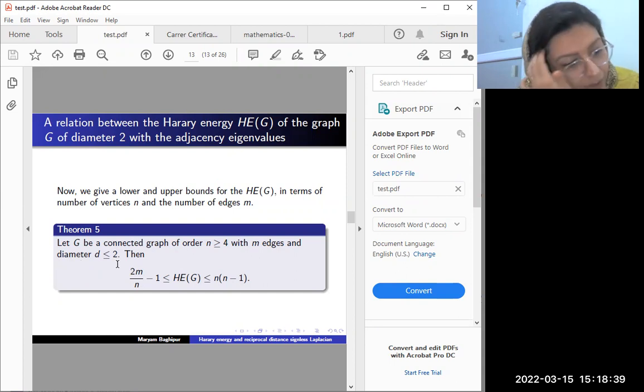In fact, we try to obtain results for Harary energy in terms of different graph parameters, and maximum reciprocal transmission, minimum reciprocal transmission. And it's really important, the connection between different concepts, for example between spectral graph theory and chemical graph theory.